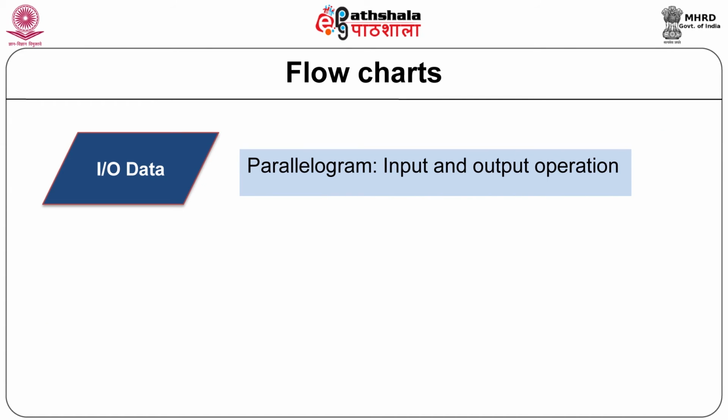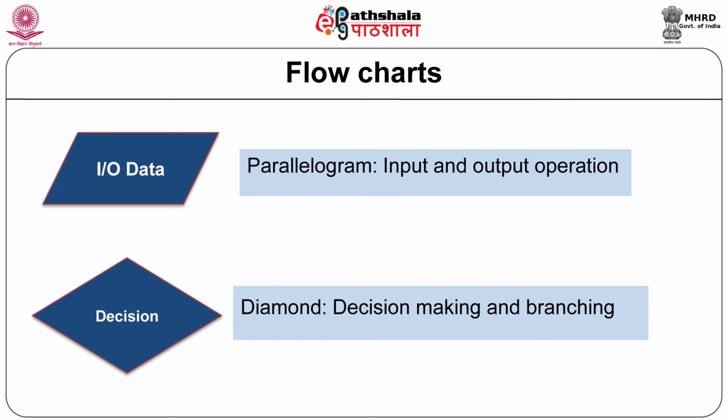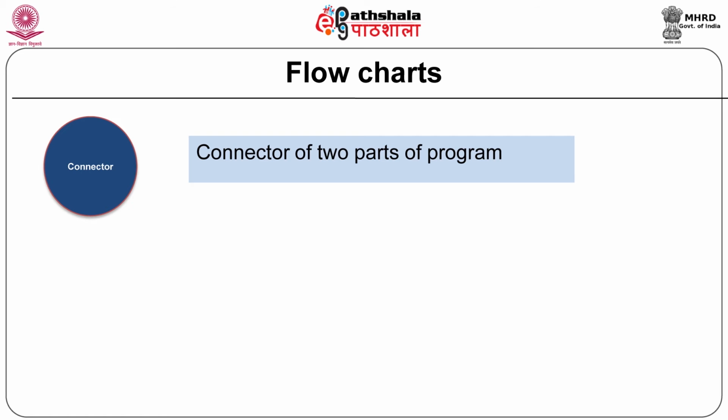A parallelogram symbol is used for input and output operations. A diamond-shaped symbol is used to indicate a decision in the problem, and that block is also called a branching block. A circle symbol is used to join two parts of the program.